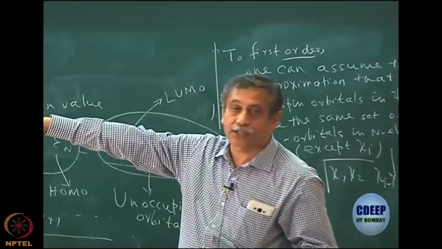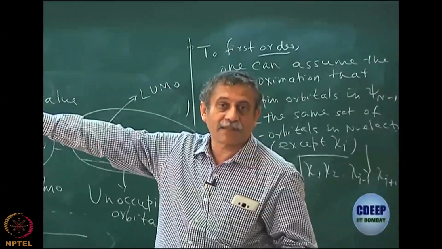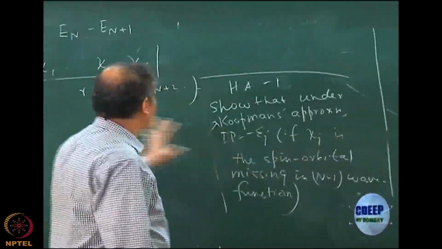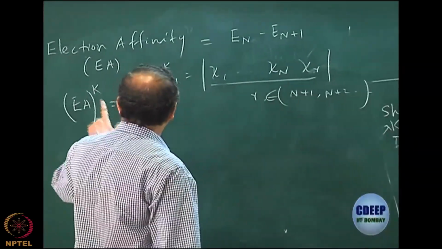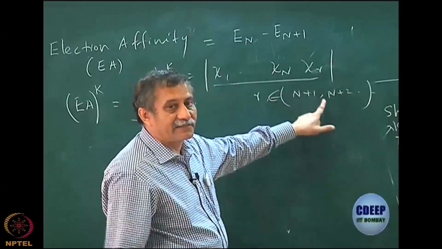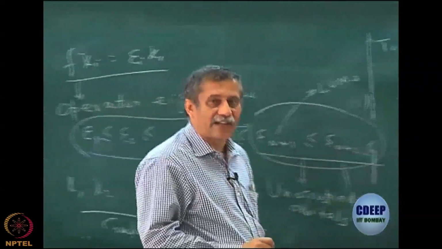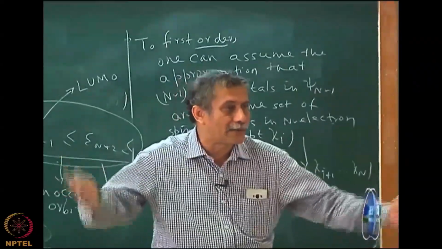That is exactly what is seen in this Koopmans approximation by saying minus epsilon_j or epsilon_r. The proof goes exactly in the same manner. If you can do that as a home assignment, it is identical, except that there one is missing, here one is added. So when you do the summation, you have to remember to add an extra chi_r, or chi_(N+1), whatever. You can take the LUMO, chi_(N+1).